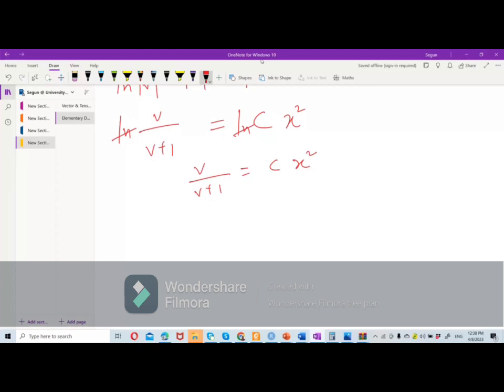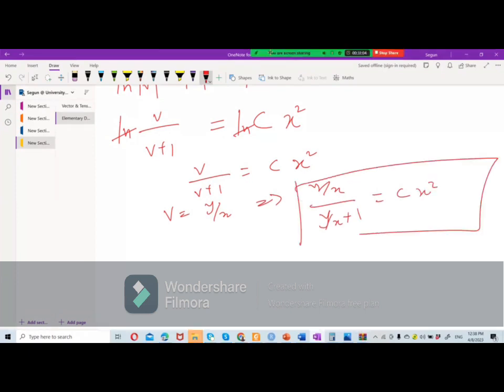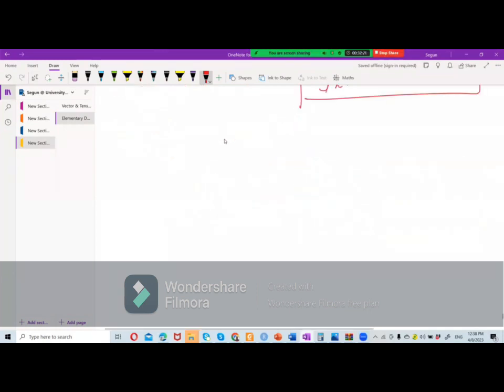So in this case, what are the things we need to look into? Remember, I said our v is equal to y over x. So substitute it: y over x over y over x plus 1 equals cx squared. Then you can resolve this and get your equation out. So for today, we'll be looking at exact first order differential equation.